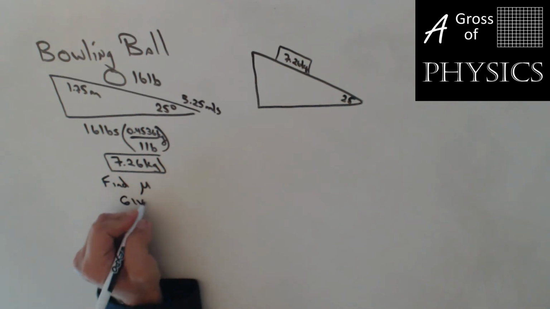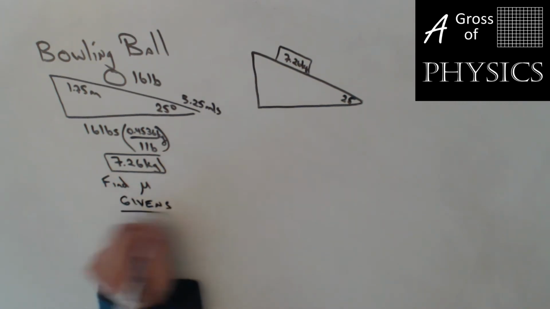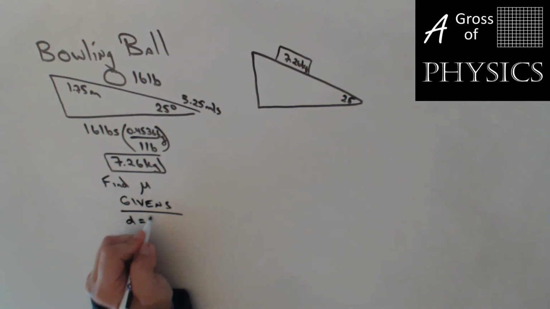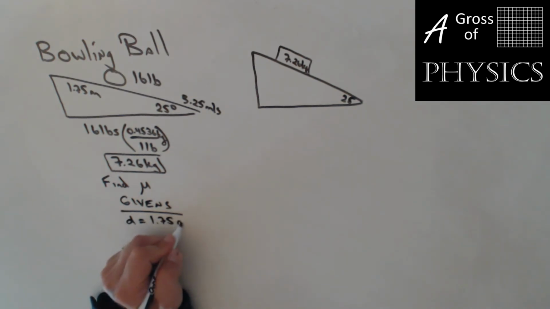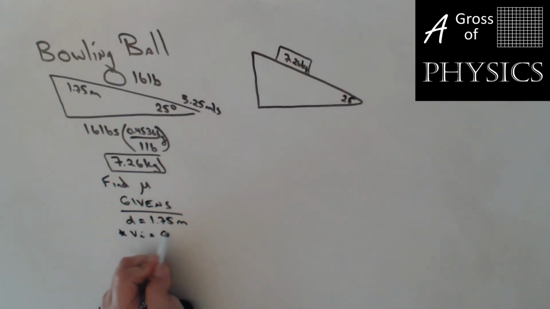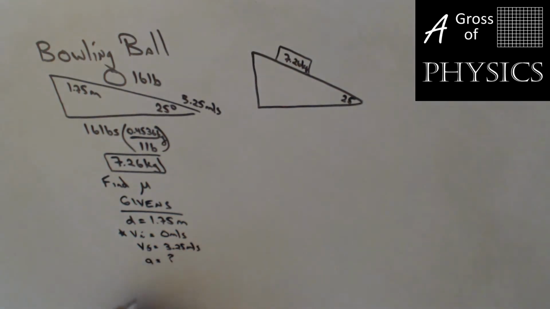So what I'm going to do is calculate the acceleration. Now the distance is 1.75. The vi, which is our hidden variable, is 0. And the vf is 3.25 meters per second. So let's find a from that.